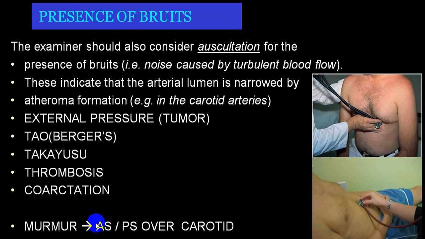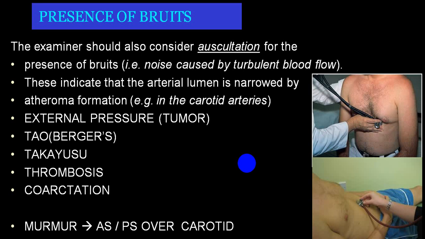In aortic stenosis, it will be conducted to both carotids, while in case of pulmonary stenosis, it will be conducted to one carotid artery, that is the right side carotid artery. That will be very typical.